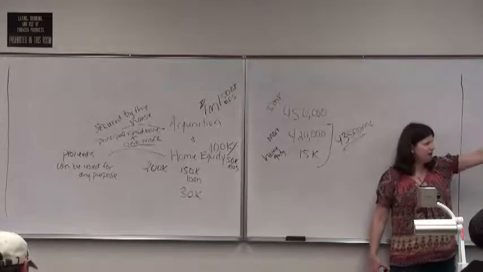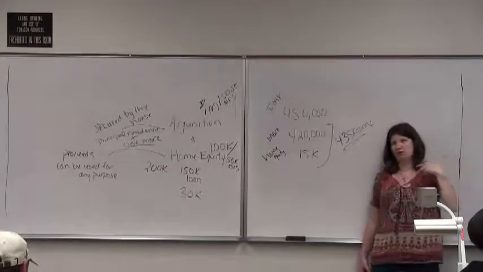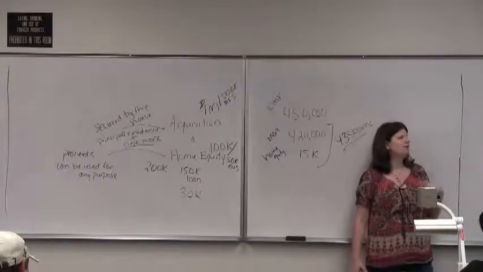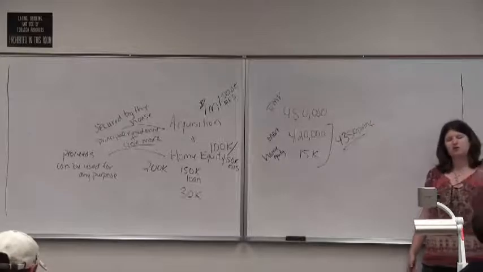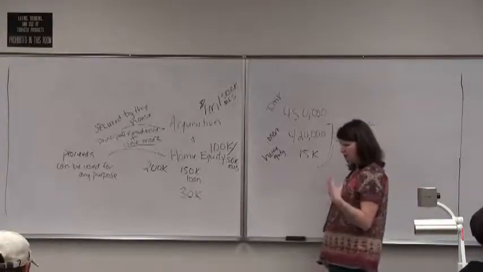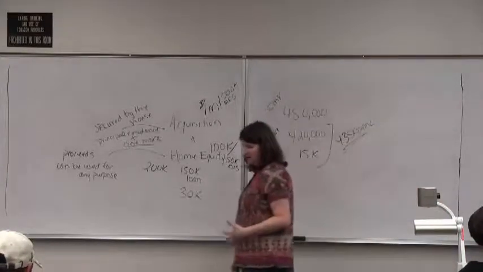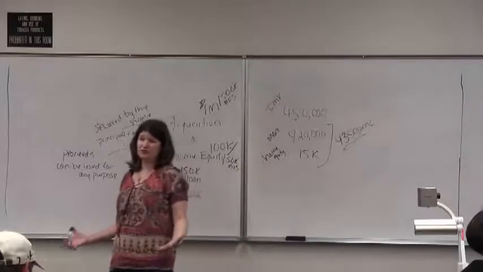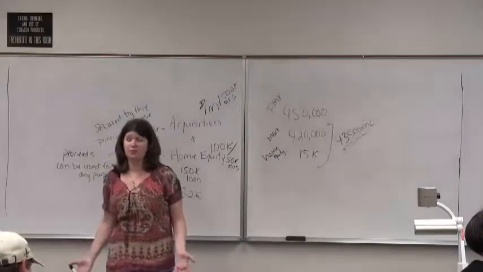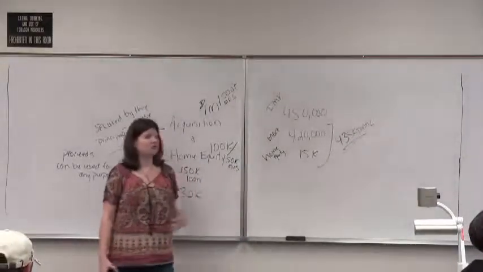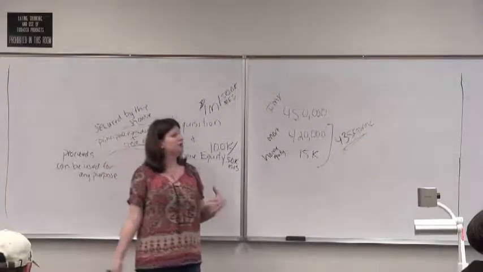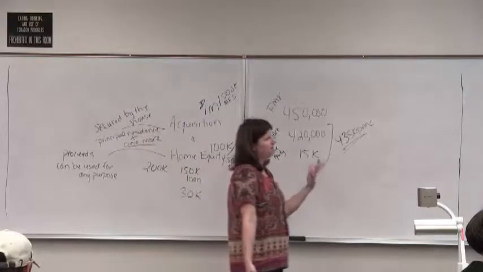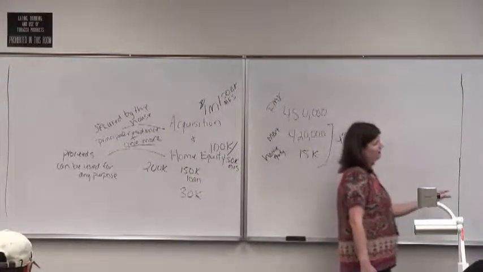If you are refinancing, you can't. So if you're refinancing and you pay points, they don't let you. You have to amortize it over the life of the loan. But generally speaking, if you're paying for points, all you're really doing is just paying interest up front. That's all you're doing with points. You're just paying the interest up front so that you get a lower interest rate over the life of the loan. So they do allow this to be deductible so long as you're not refinancing.